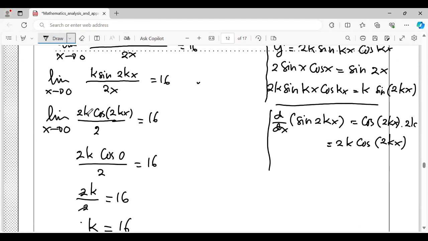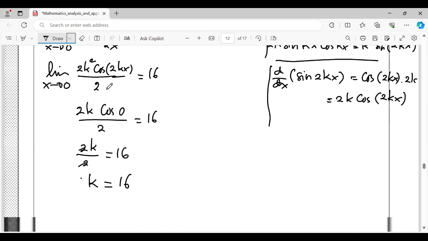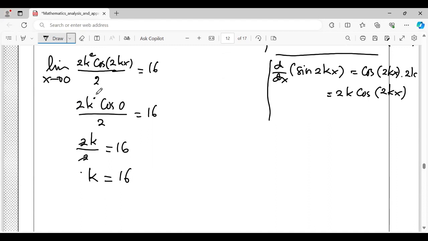Oh, there is k here, it means 2k squared here. Okay, k squared. So k equals square root 16, so 4.